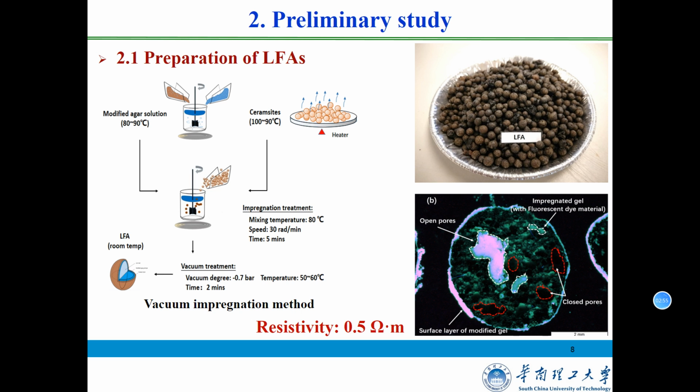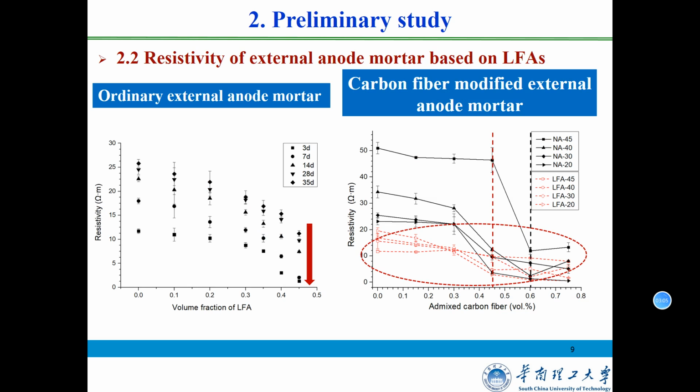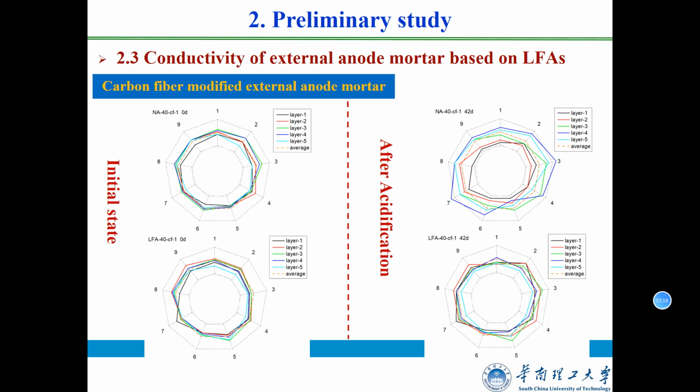In our previous study, another type of lightweight functional aggregates loaded with modified agar gel was prepared with very low resistivity. Therefore, it significantly increased the conductivity of the mortar when they replaced the normally used insulating aggregates and combined with carbon fibers. Further, the functional aggregates also improved the uniform conductivity distribution of the mortar.